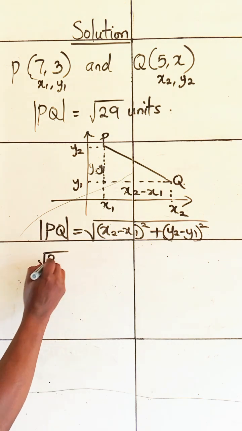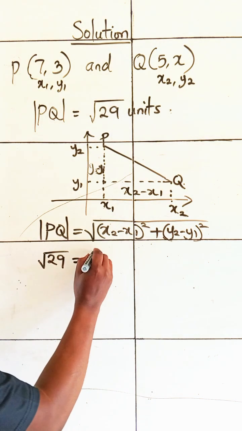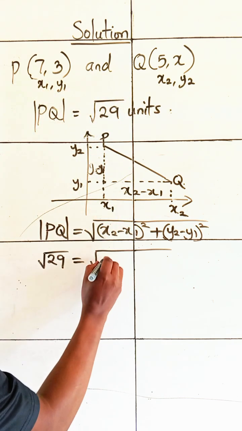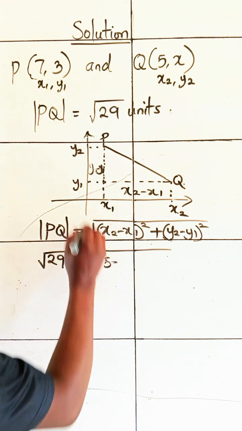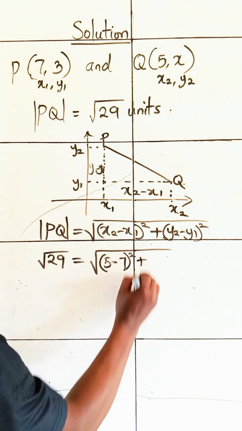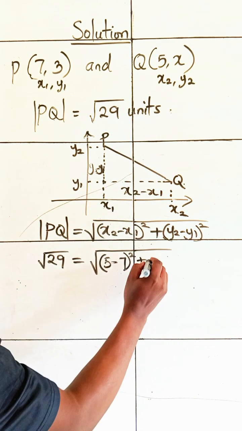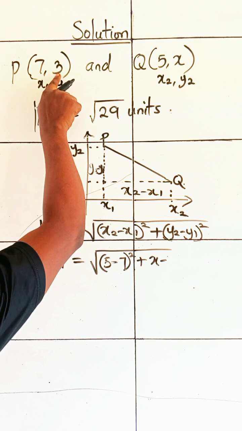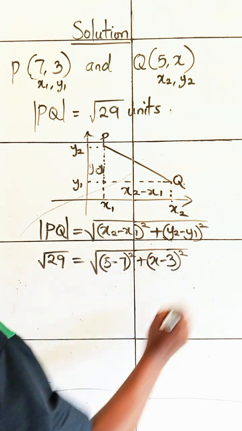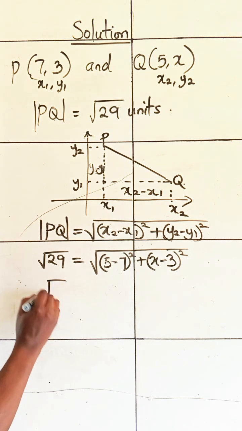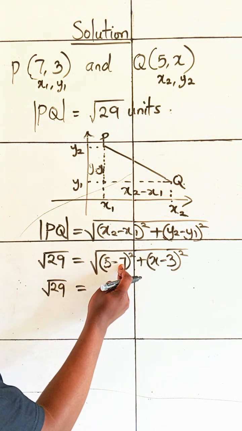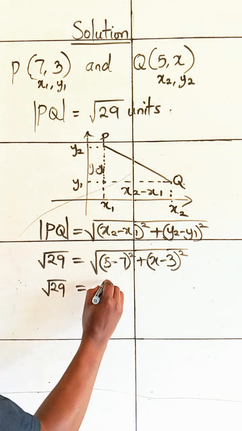So we have square root of 29 equals, now x2 is 5, so I have 5 minus x1 which is 7, squared, plus y2 which is x minus y1 which is 3, so x minus 3 all squared. So we proceed by saying square root of 29 equals 5 minus 7, which is minus 2.